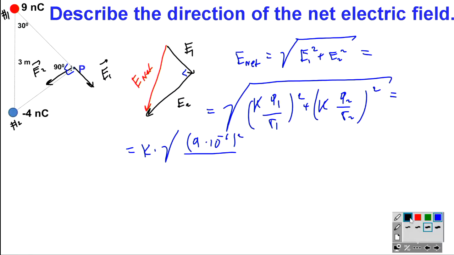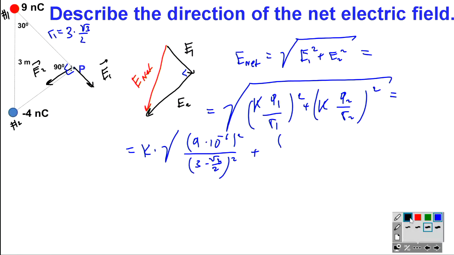Distance number 1, R1. We did that calculation before. It should be equal to the hypotenuse, which is 3, times cosine of 30, which is square root of 3 over 2. 3 times square root of 3 over 2 squared, plus K is outside.